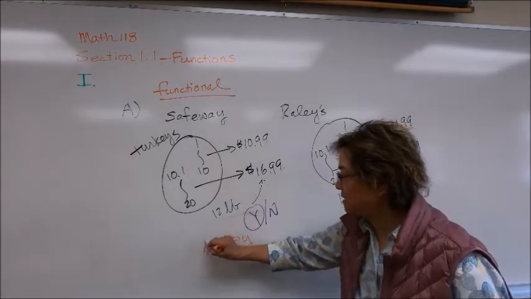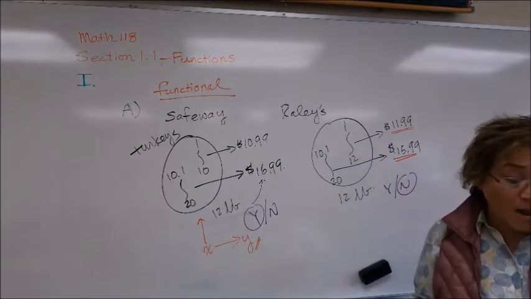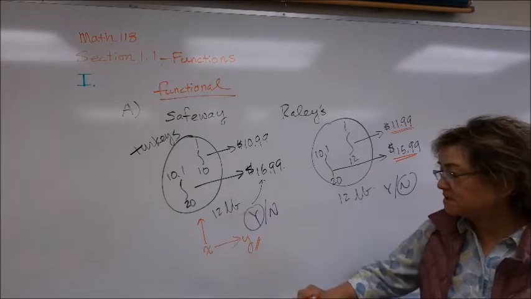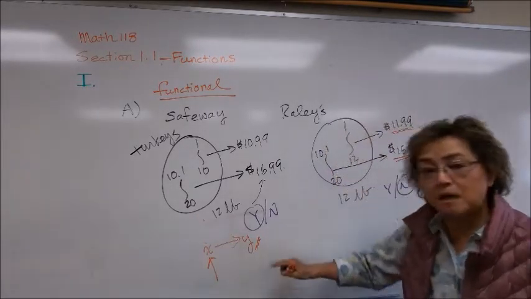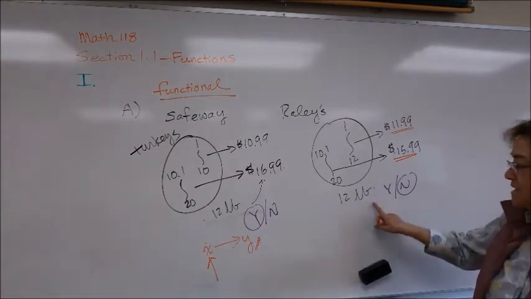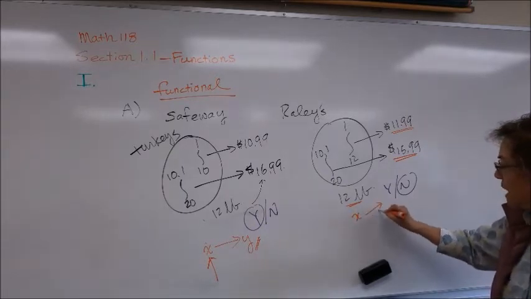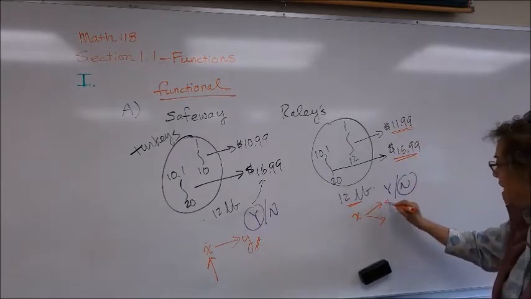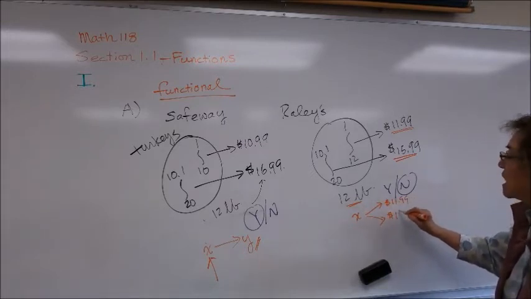So for each pound of turkey, we should only have one price. That means for each X value, we should only have one Y value. Like this one, for each X, 12 pounds, you have two possible prices. Then it will not work.